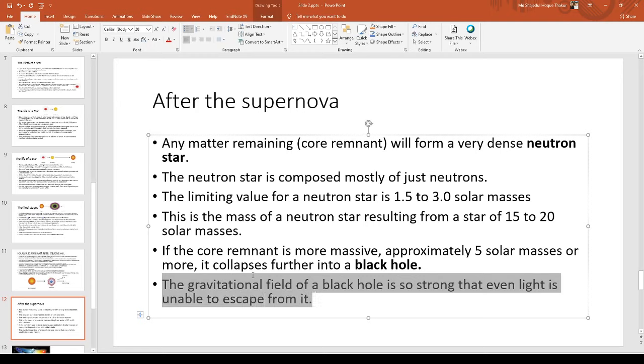Normally you think of light as the fastest thing in the universe, and nothing stops light, right? But gravity actually bends light. That you will study in Einstein's general relativity. But the point is, black holes have such strong gravitational fields that even light cannot escape from them.